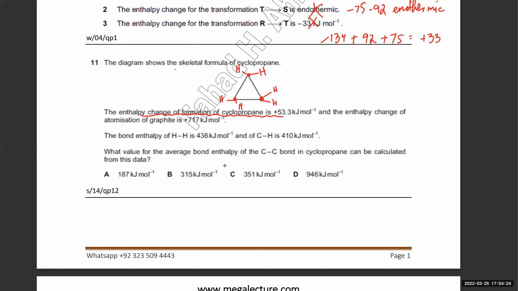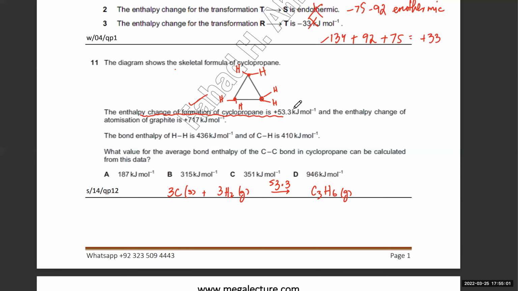What is enthalpy change of formation? That is from elements. So it's going to take 3 carbons solid and 3 hydrogen gas molecules, and they're going to make you C3H6, right? Is that clear? And the value for that is 53.3. TK, is that clear? Yes.